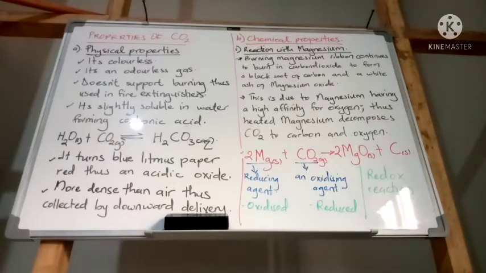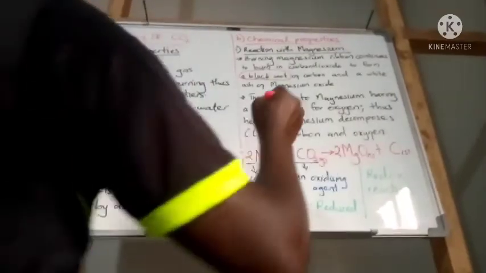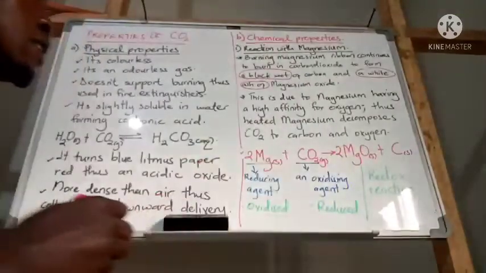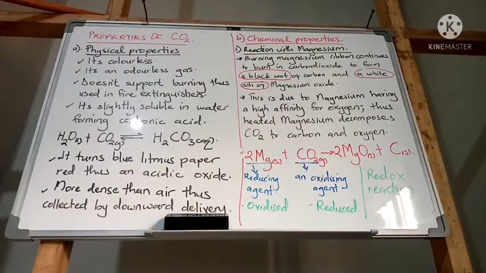If I call for an observation, the observations have been earmarked in our description. So we have white ash and a black soot. That is the observation.